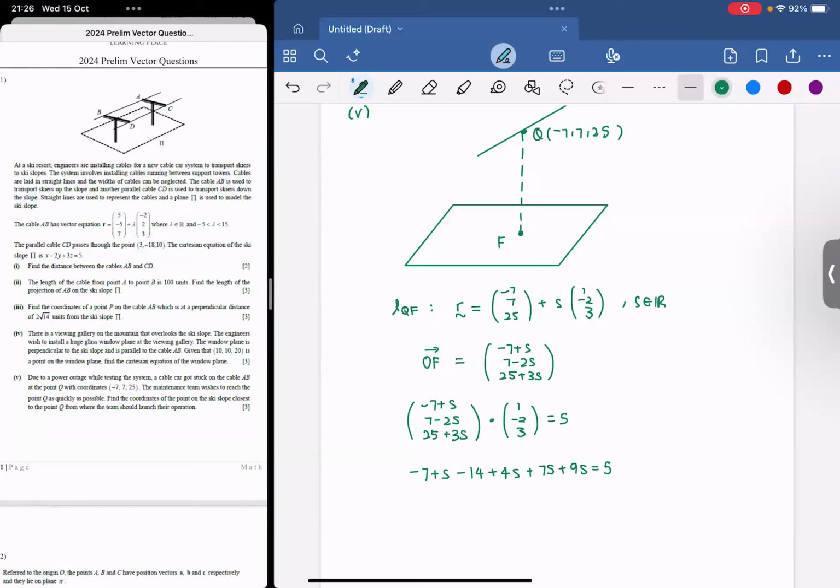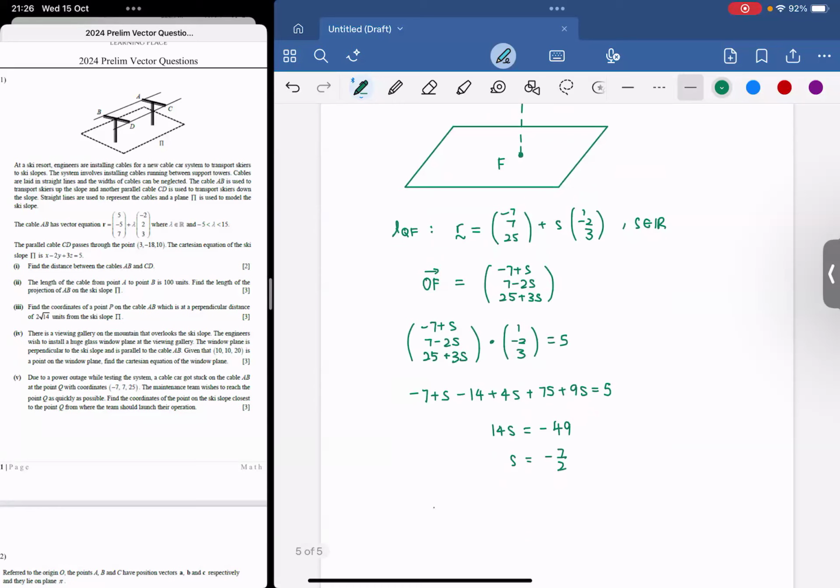So what do we have? We have 14s equals 5 plus 7 plus 14 minus 75, negative 49. So s is equal to negative 7 over 2.